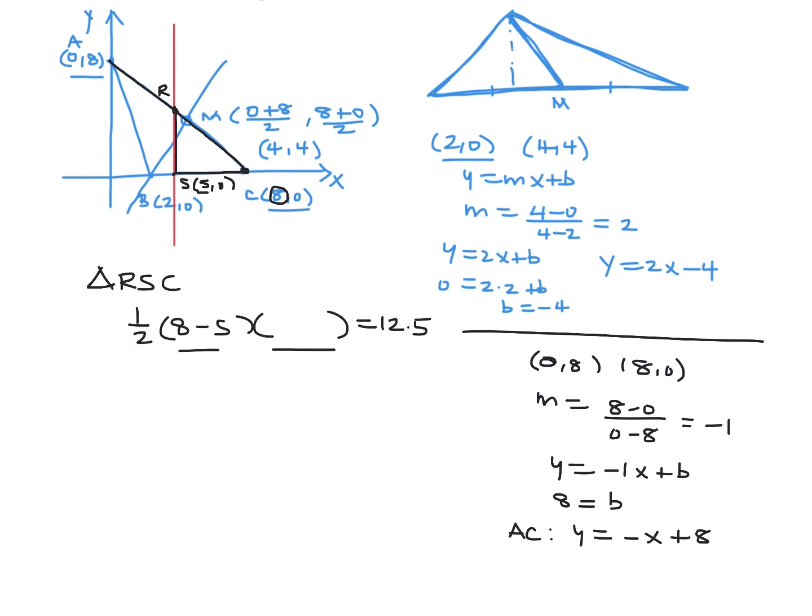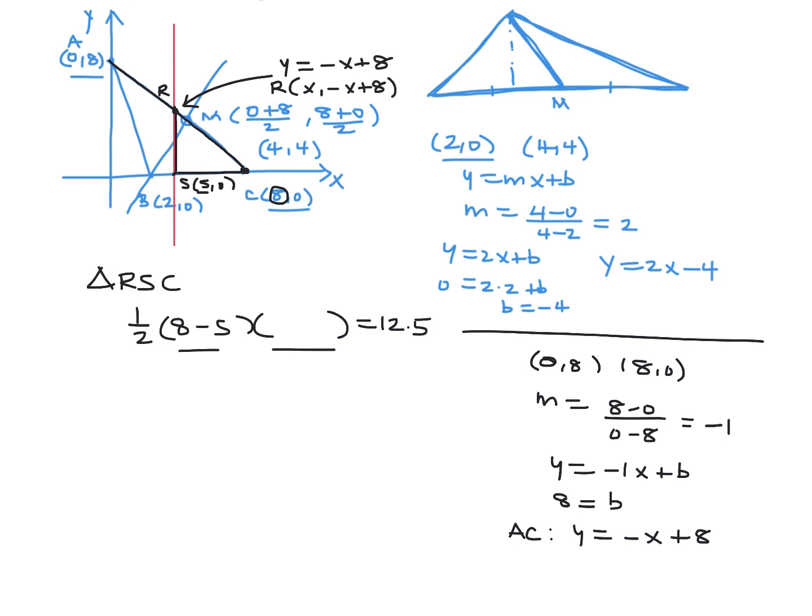So since point R, this point right here, is on AC, which is y is equal to minus x plus 8, R would have the coordinates (x, minus x plus 8).